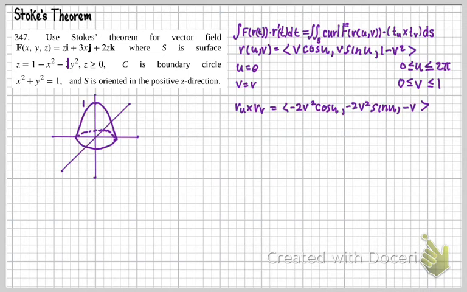Now I drew the picture here because I want you to see what is going on with our n, because RU cross RV is actually our n. And it said here that S is oriented in a positive z direction. So that means my vector should be coming up in this direction. And if you notice, I have all these negatives on my vector here. So that tells me that should change.